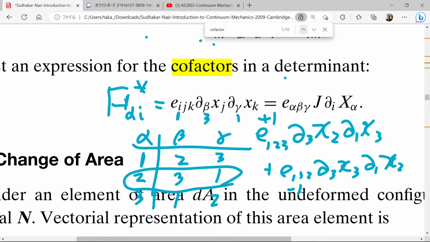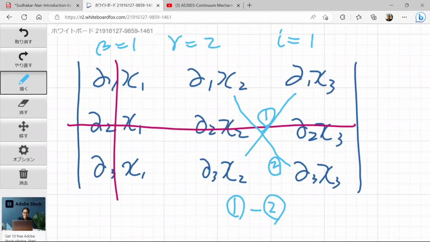This doesn't include sign, right? 3, 2, 1, 3. Okay, I think this includes a sign.